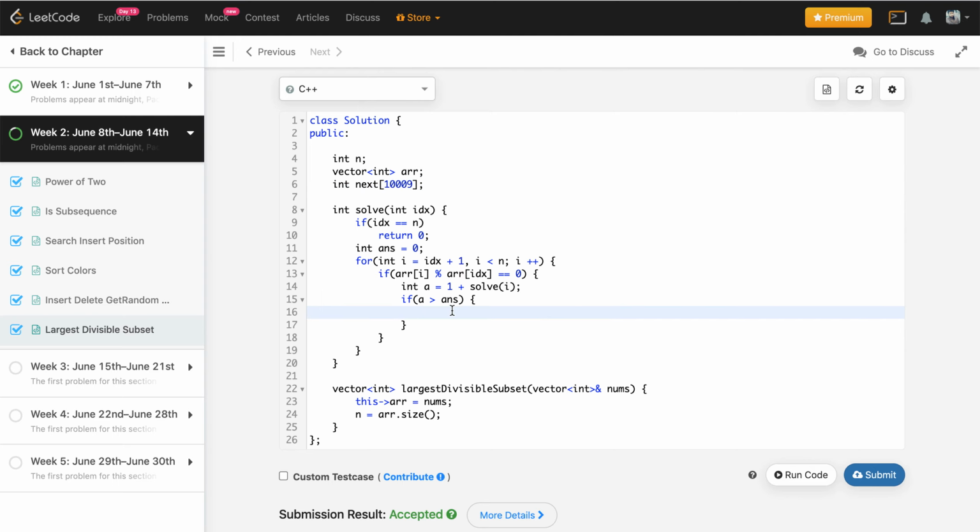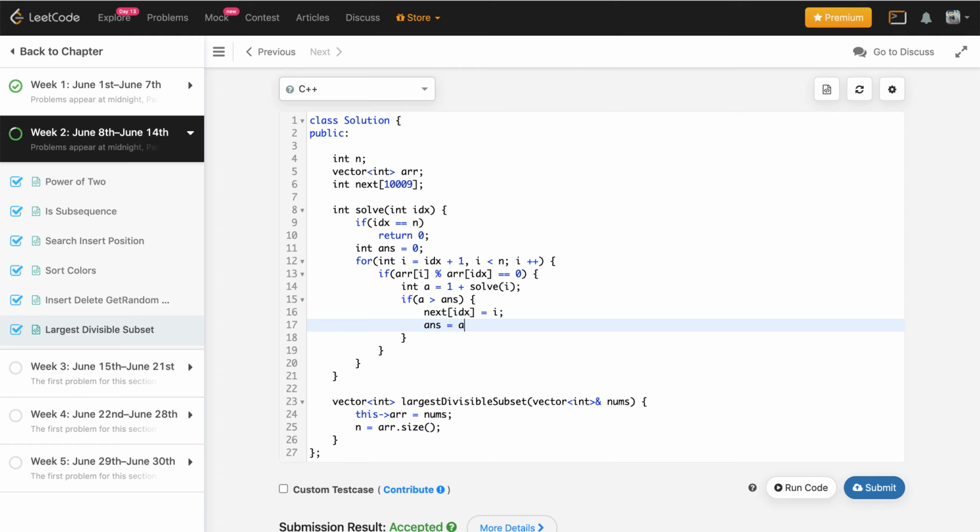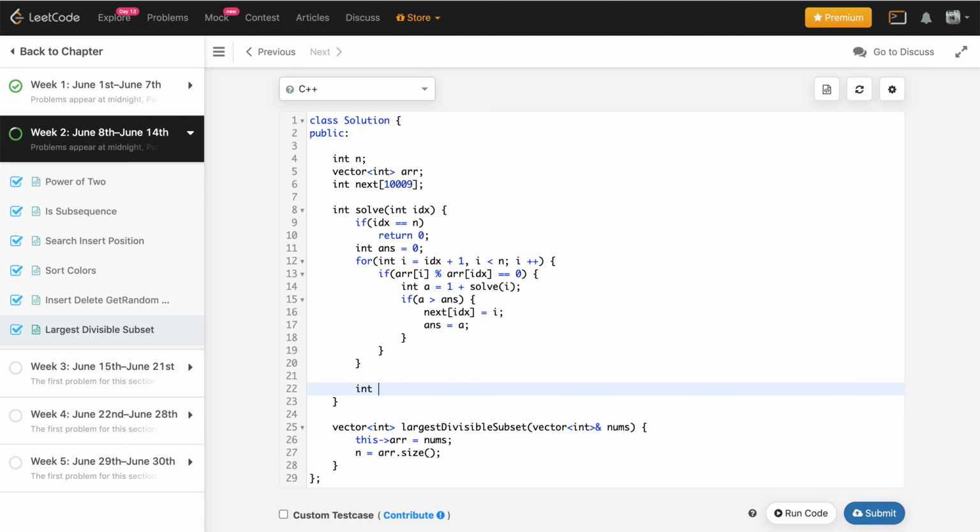So we can just update next of idx to be this particular I, because the next best element, if we consider idx in our subset, should be this particular I, because we have found a better answer for this one. So next of idx should be updated to I, and also we need to update our answer so that we can compare correctly for the next ones, and we are going to return our answer here.